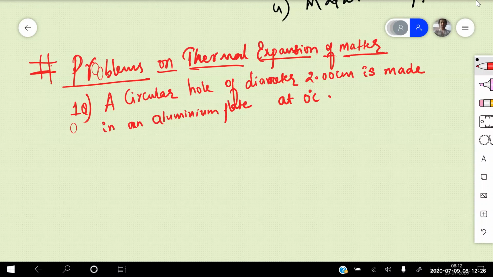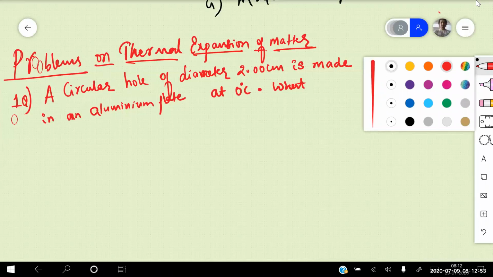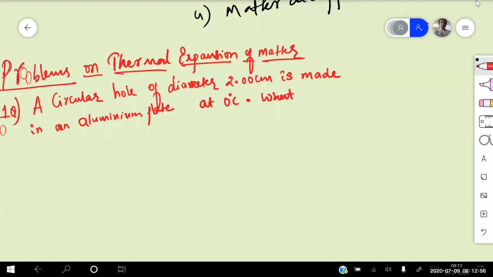What will be the diameter? Just give me a minute, beta.